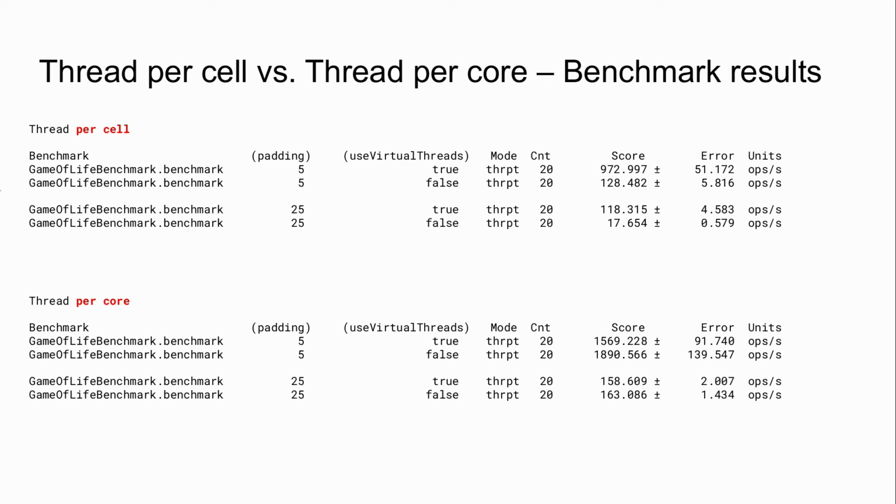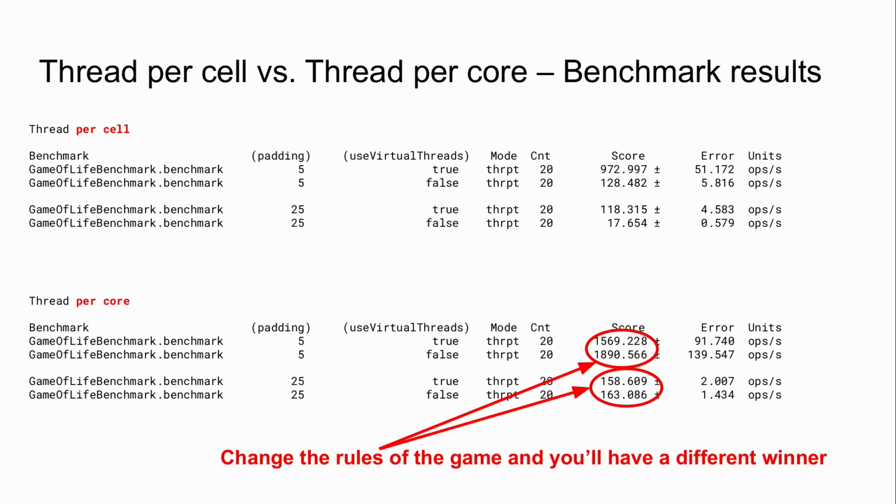Well, it's better, not that much better, but it's better for native threads. So what I wanted to say here is that if you change the rules of the game, very likely you are also changing the winner. You are choosing the winner in a different way, right?